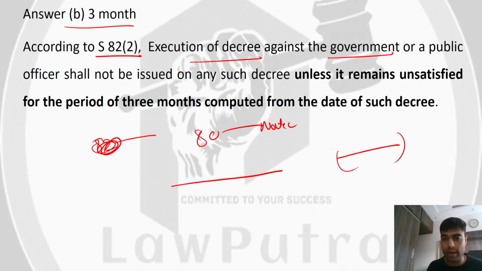Government can do it on its own side also. So that is for 3 months. That means 3 months time has to be given, and even if after the expiry of these 3 months the decree remains unsatisfied, only then an execution can be filed against it.